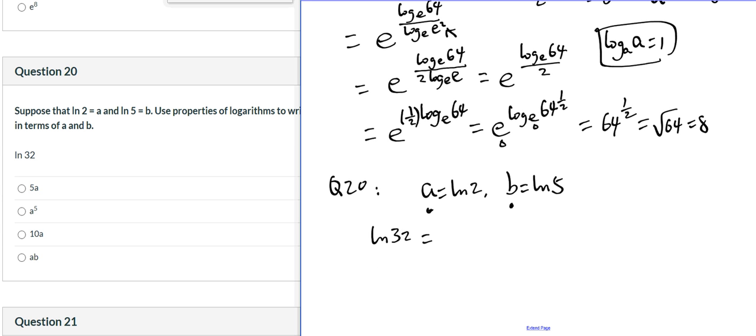We know 32 is 2 to the 5th power, and the 5 can move down to the front. So you should have 5 times natural log 2. And this number is denoted by A. So you may write 5A. Which one is 5A here? You can make your own choice.